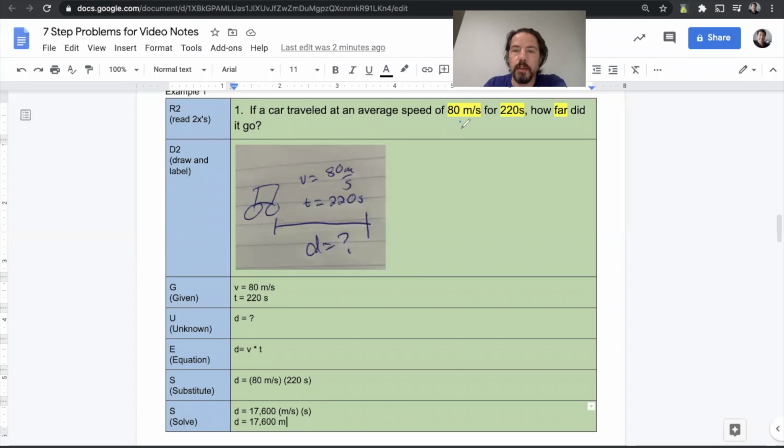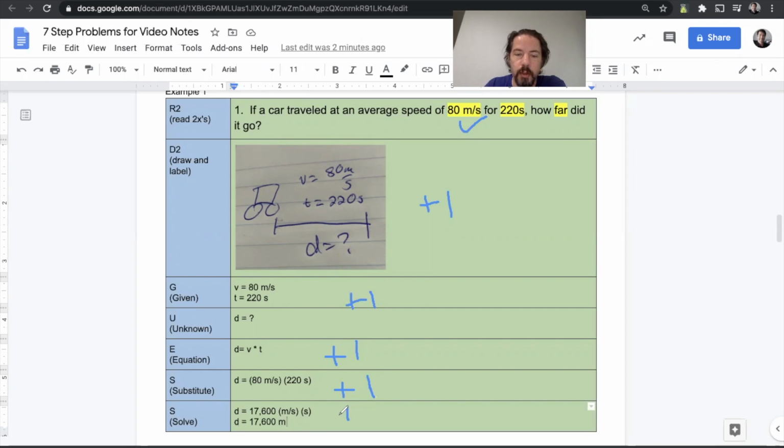Okay, so let's pretend like I'm going to grade this. So you've read it. I can tell because you've marked the variables and units, quantities and units. You've drawn a picture, so that's +1 point. You've done your givens and your unknown. Both of those together is +1 point. Then you've written the correct equation, so that's 1 point. You've substituted the correct values into the equation.